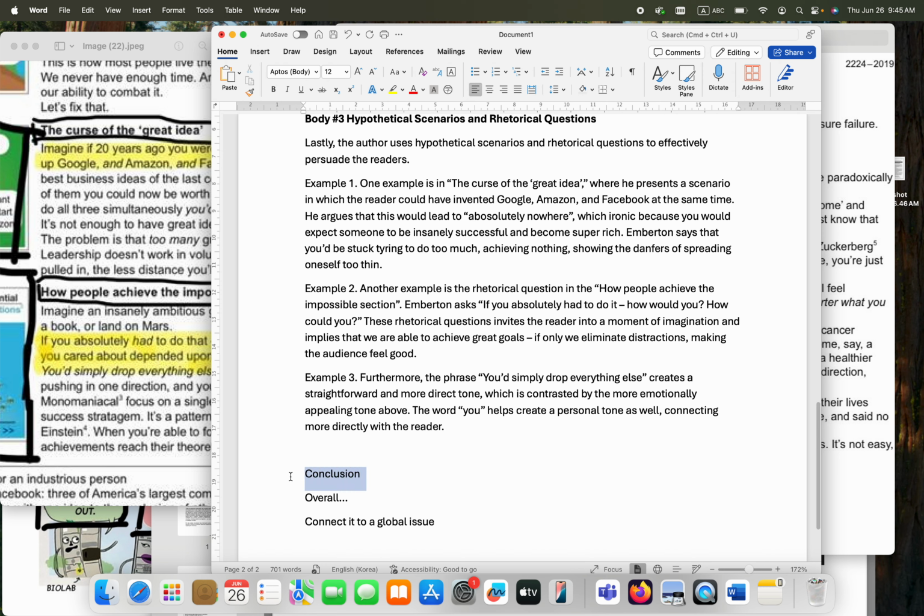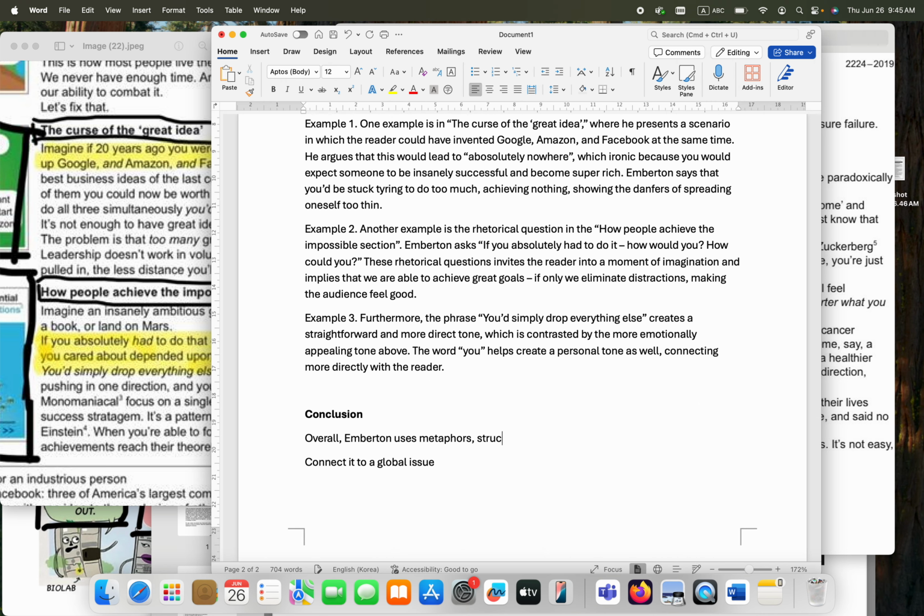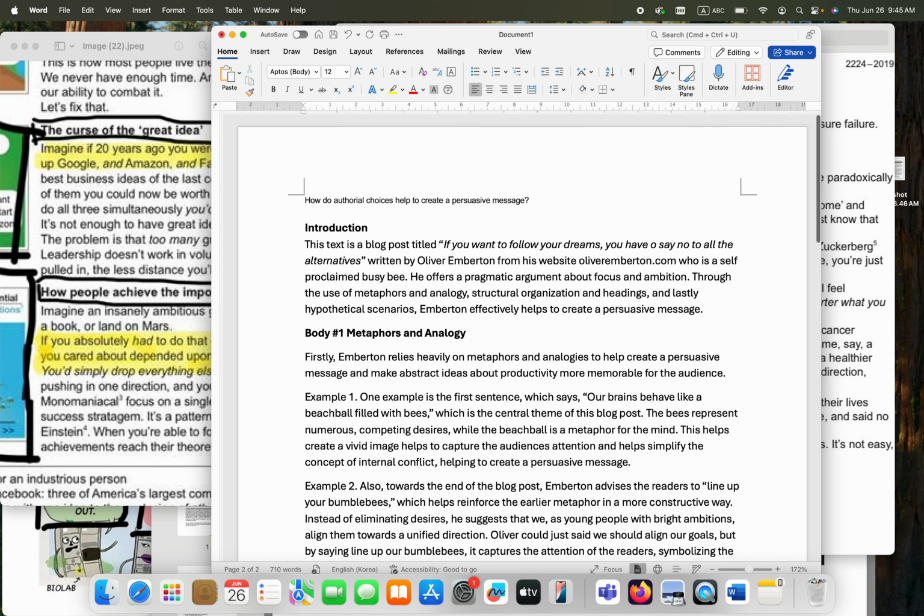Alright, so let's do the conclusion now. So just restate the thesis. That's the main goal of the conclusion. So I can just say, overall, Emberton uses metaphors, structure, and hypothetical scenarios to effectively persuade the audience, right?